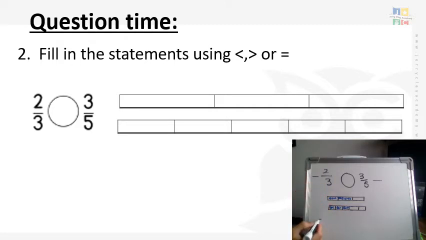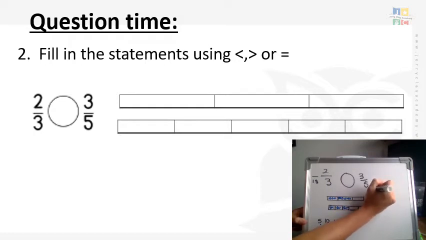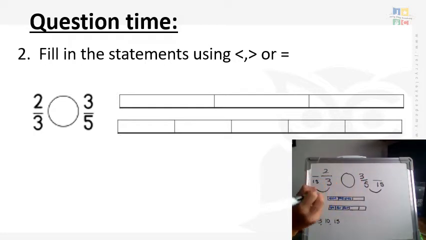So if I start 5, 10, 3 can't go into 5, 3 can't go into 10. If I count up to the next one, 15, can 3 go into 15? Let's check. 3, 6, 9, 12, 15. Yes, it can. Can 5 go into 15? Yes, it can. So I can make my denominator as 15.